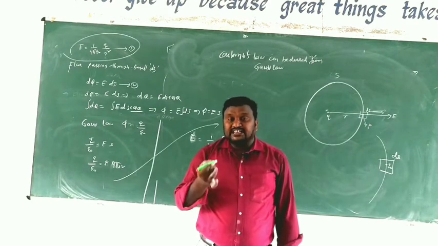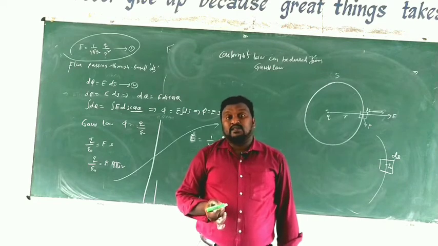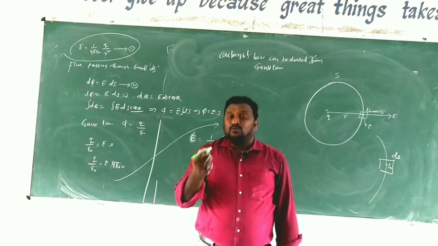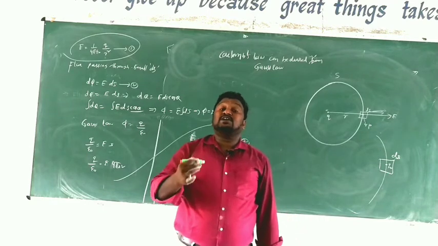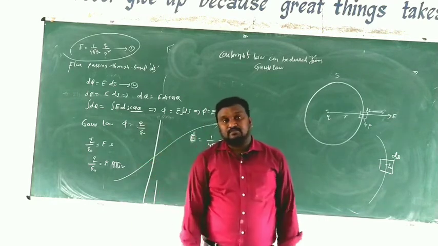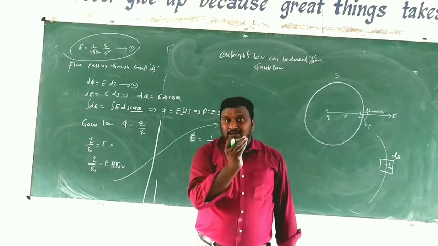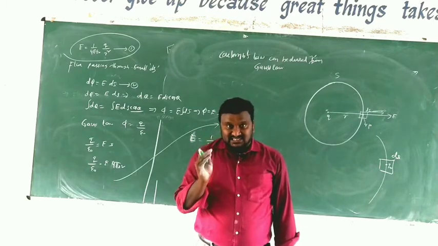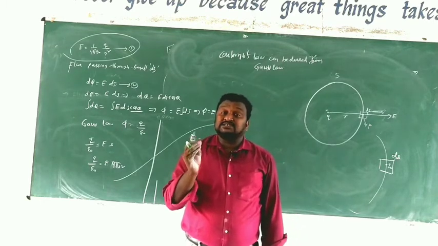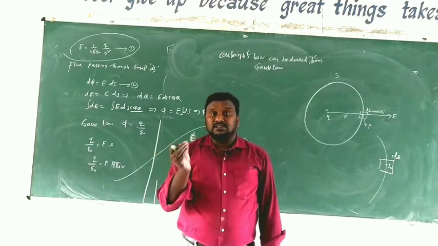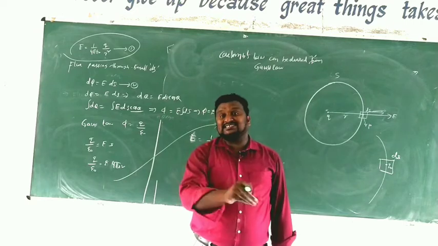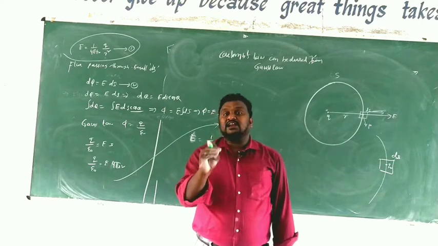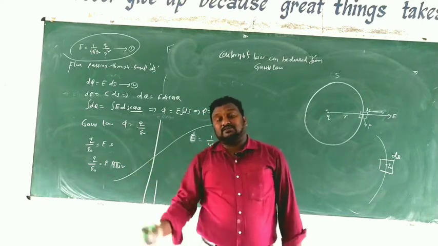The force experienced by a charge when it is placed in the electric field of another charge. The electric field intensity is nothing but the force experienced by the charge when it is placed in the electric field of the other charge.